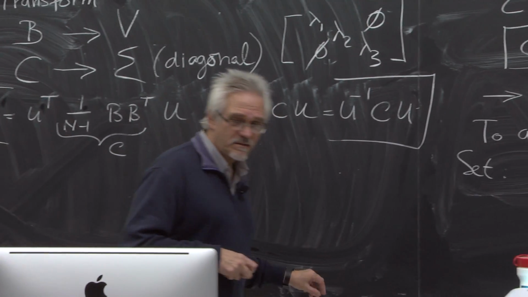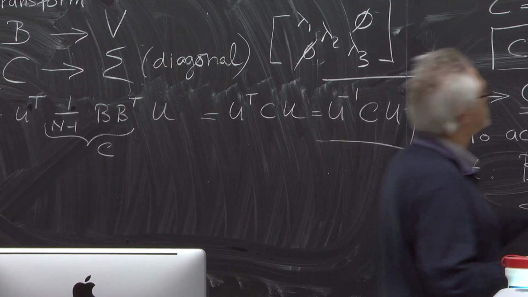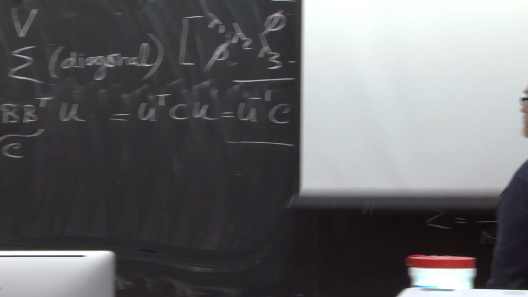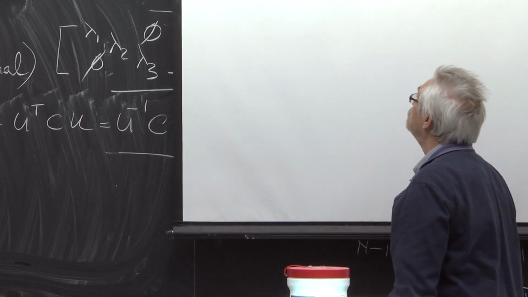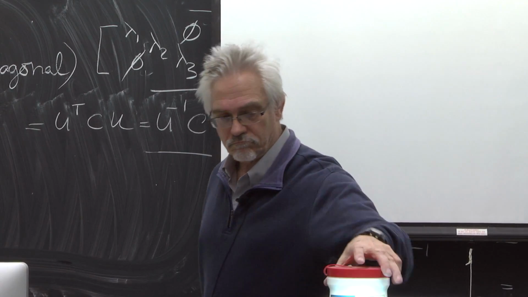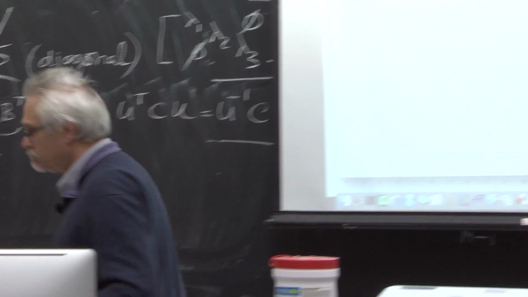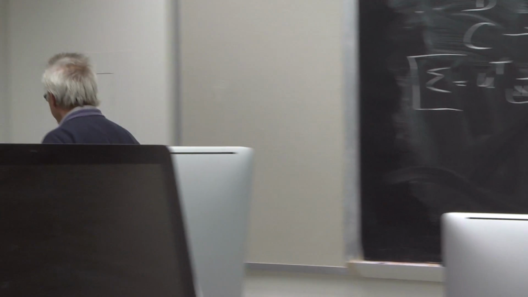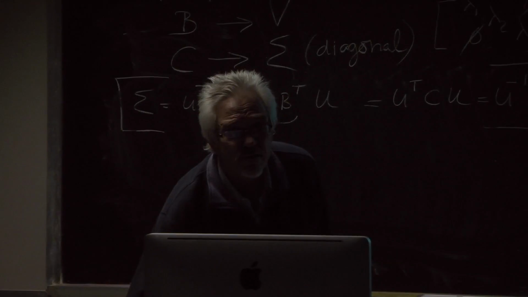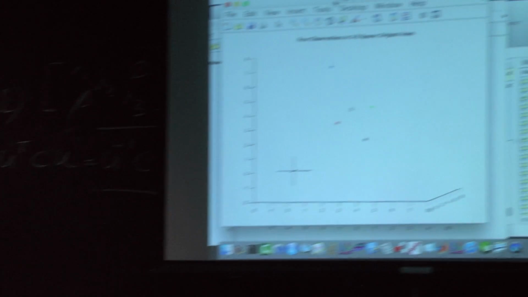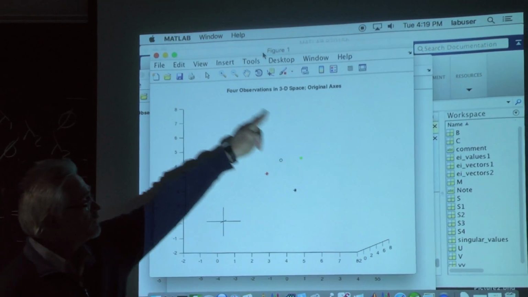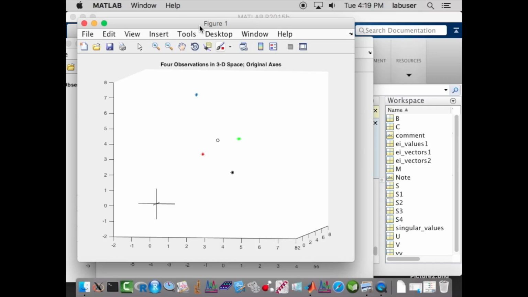Let me show you what that means in our example. Recall that what we did first was we had our original observations relative to whatever axes we used for our measurements.